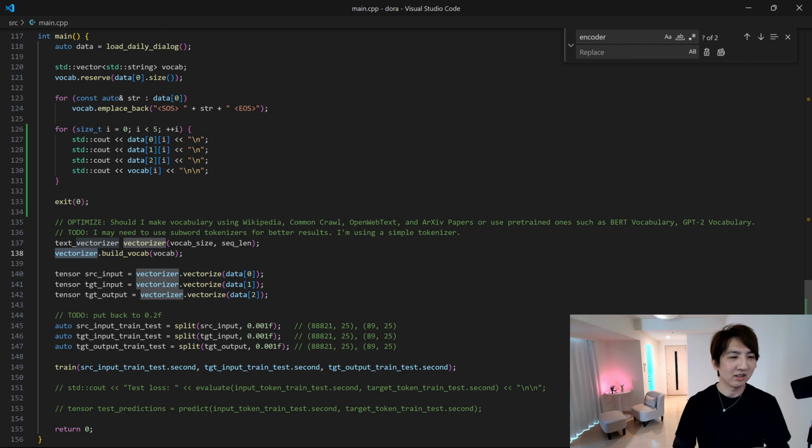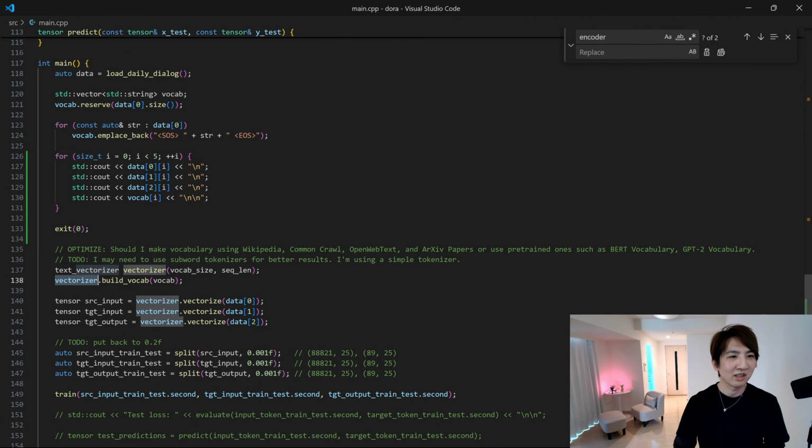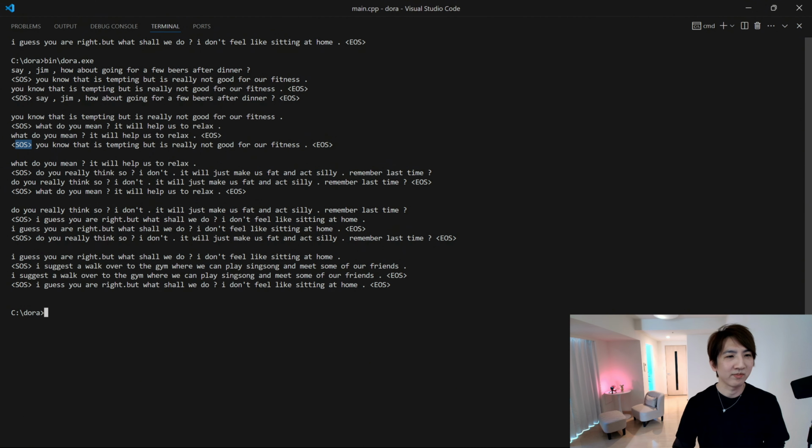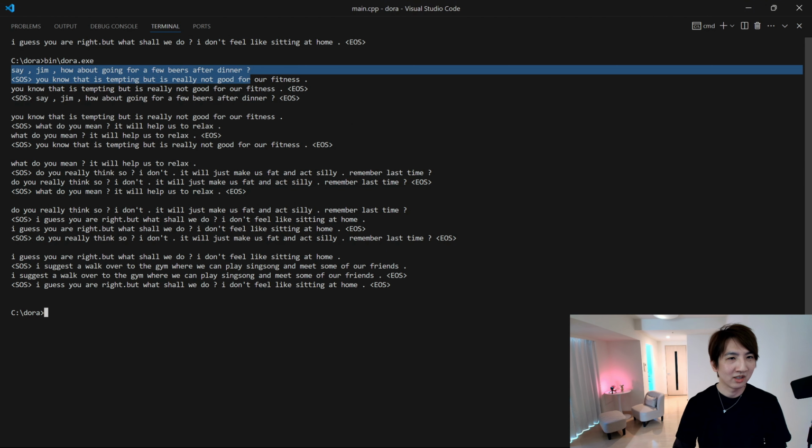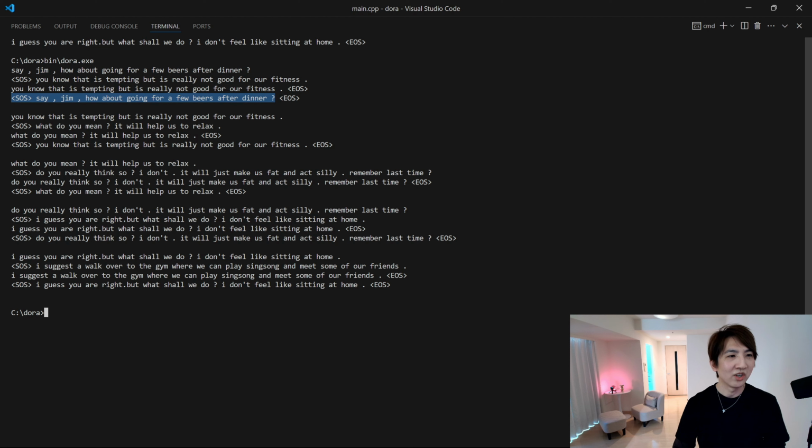After that I use a member function called build vocab, which obviously makes the vocabulary from these datasets. Here I add SOS and EOS tags to this source dataset, so I transformed the input for the encoder to include SOS and EOS.